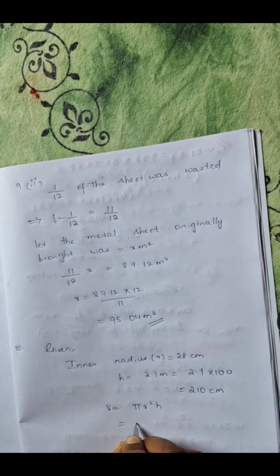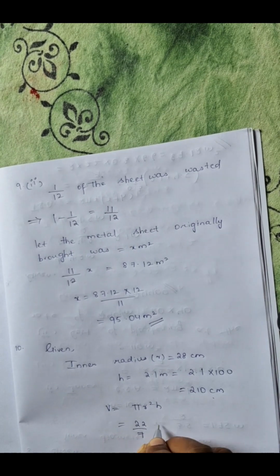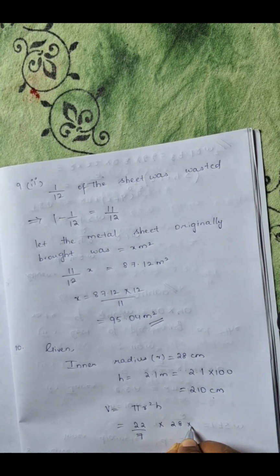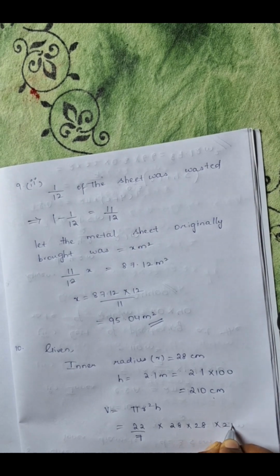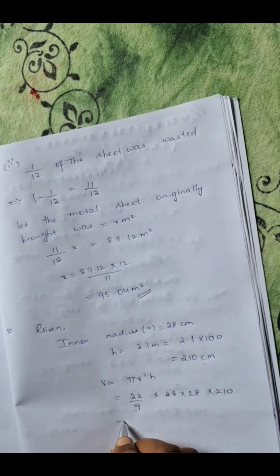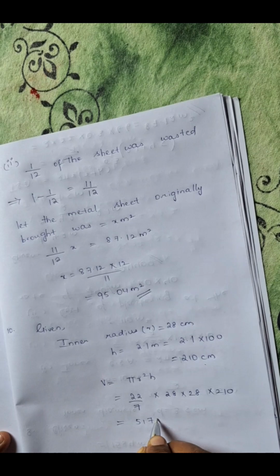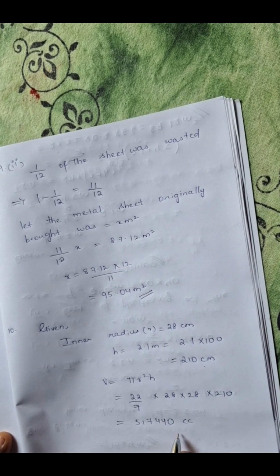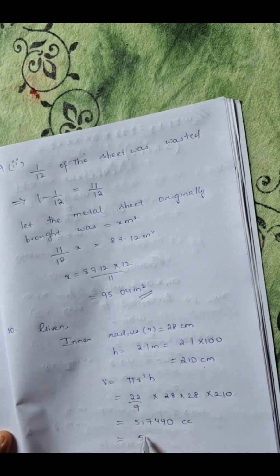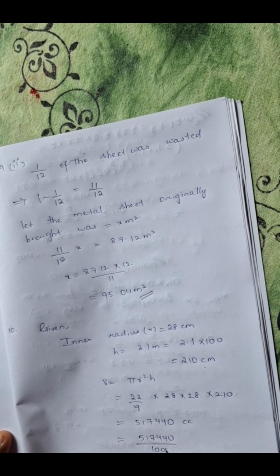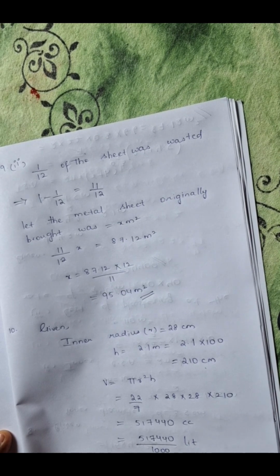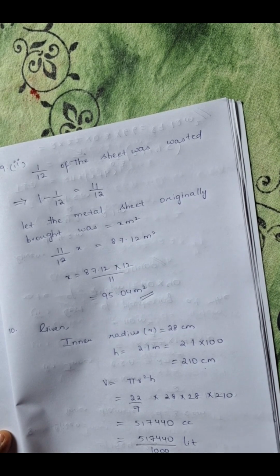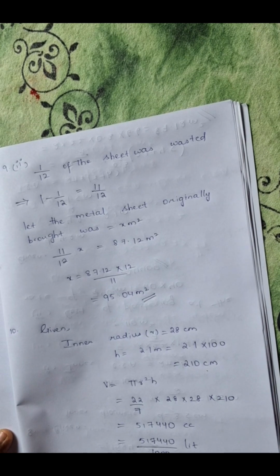So this will be equal to 22/7 into 28 into 28 into 210, which equals 517440 cc, but we have to convert it into liters. So how will we convert? 517440 by 1000 liters. This will be equal to 517.44 liters. So this will be your answer.